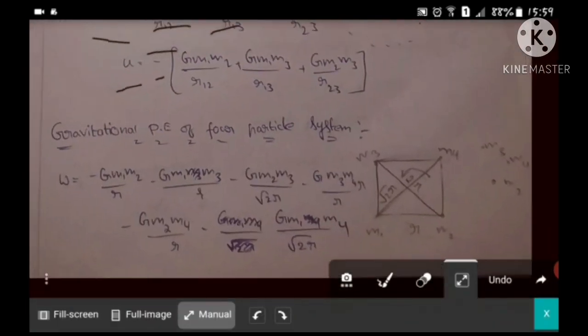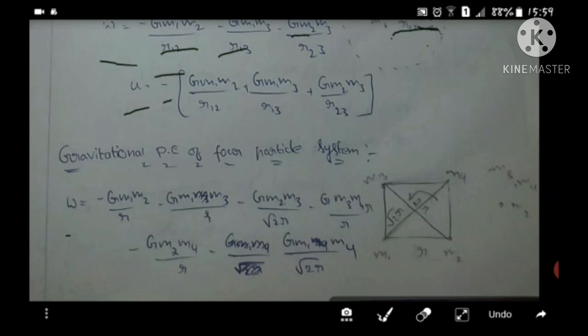And then gravitational potential energy of a 4 particle system. Here W is equal to minus G m1 m2 by R, and this is the gravitational field, and these are the particles. In this m3, m4, m2 are brought from infinity.